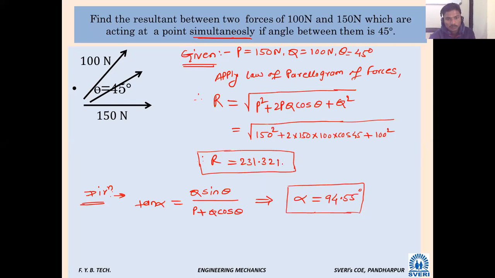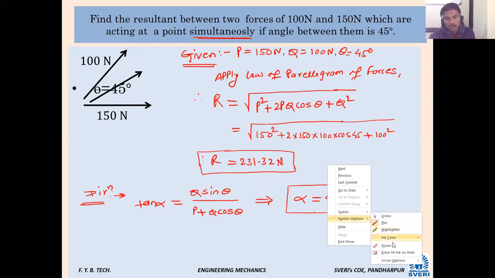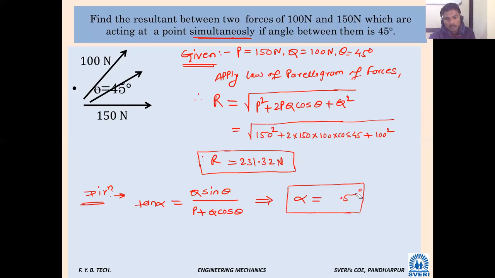Yes, sir, same. This is correct. And what is alpha? 17.74. Just check whether it is correct or not.